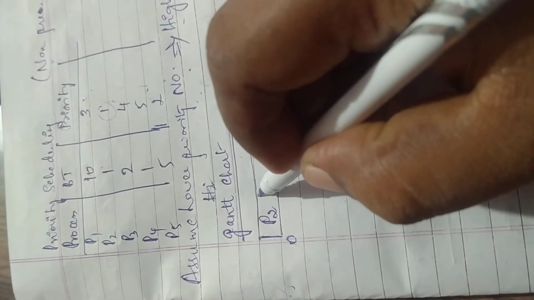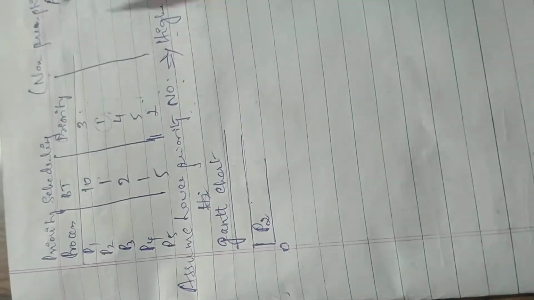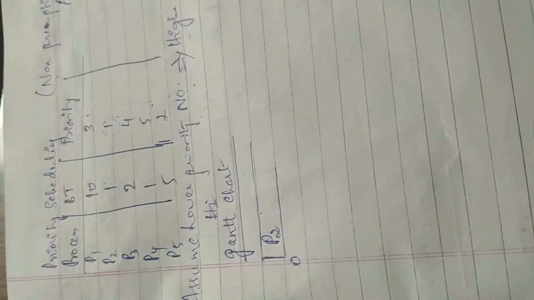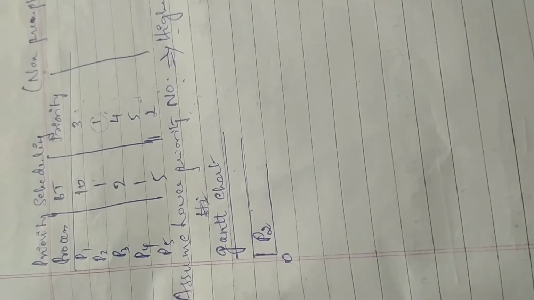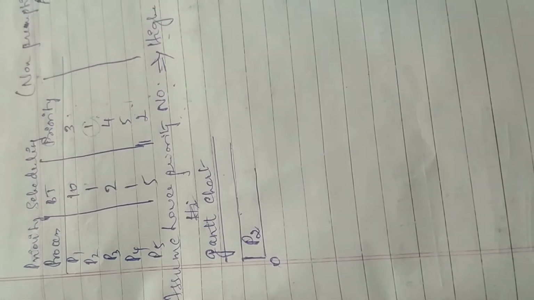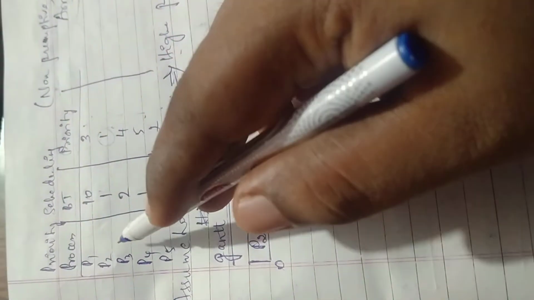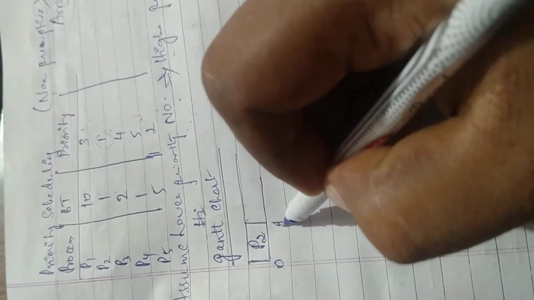How much time does it take? 1. Here we are speaking about non-preemptive. Non-preemptive means once you give the CPU to a particular process, you cannot forcibly take it back. The process has to complete, and only then can the CPU be given to another process. So P2 takes 1 millisecond to complete.